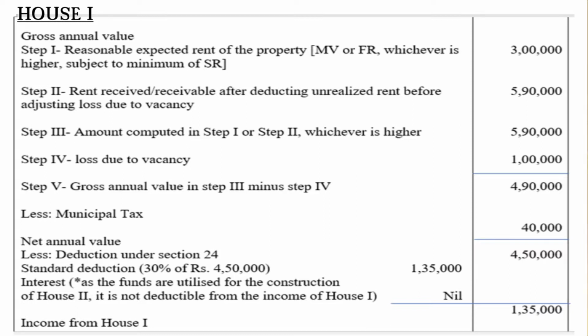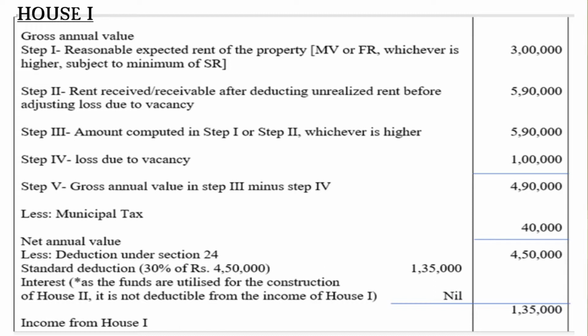It may be paid in advance, it may be paid for past years, but the condition is that it must be paid, and secondly, it must be borne by the landlord. If it is borne by the tenant, then the deduction is not available. So when we deduct municipal tax from gross annual value, we get net annual value.